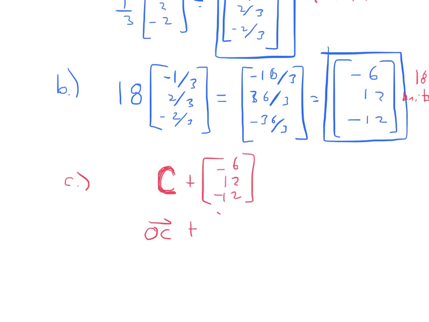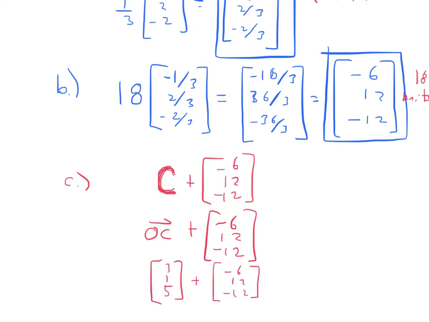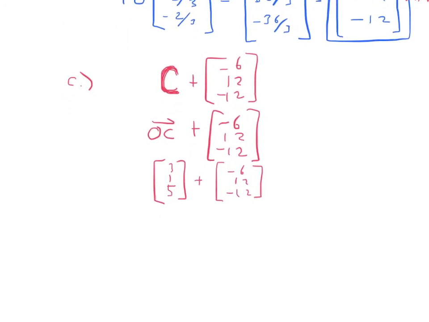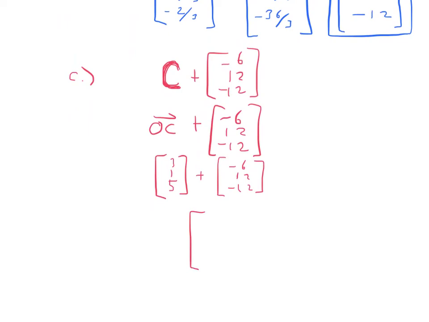So if I just take OC plus this vector, and what was C? If we look back at the problem, C was the point 3, 1, 5, so that would be the vector 3, 1, 5. If I add that to my -6, 12, -12 vector, it will give me a vector that's pointing at what I want, -3, 13, -7.